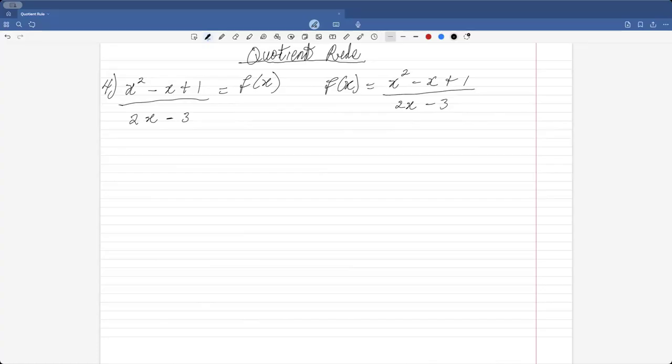So first things first, we label this as f(x). We call this g(x).